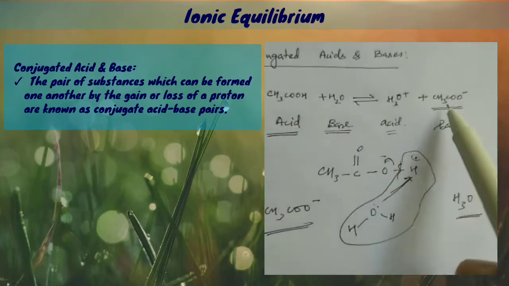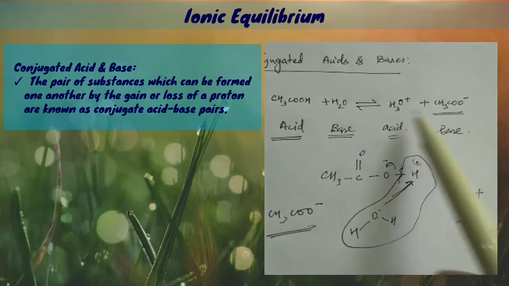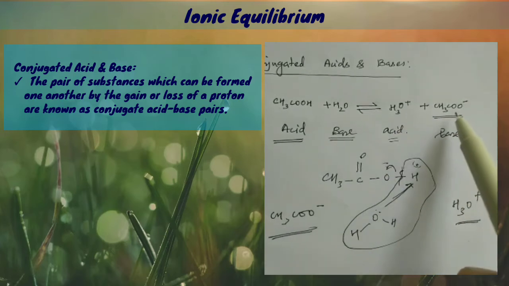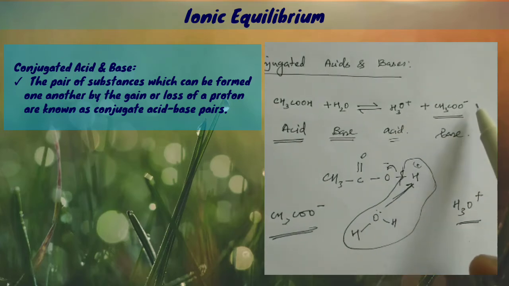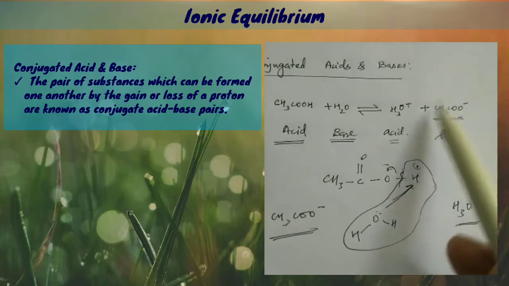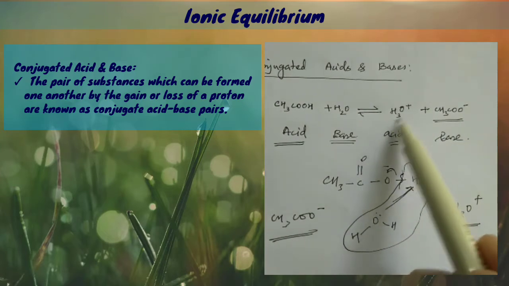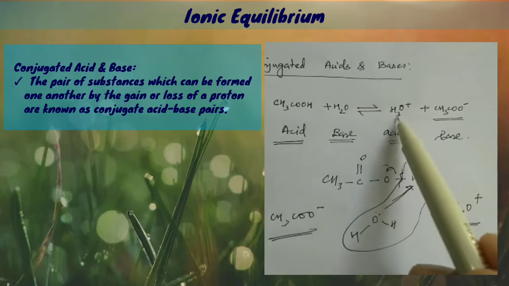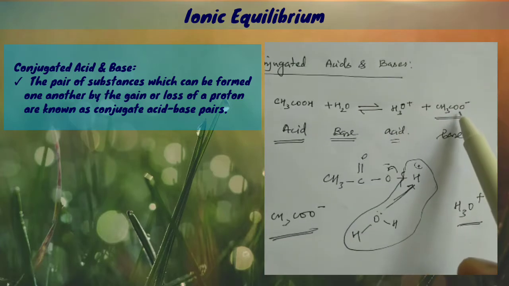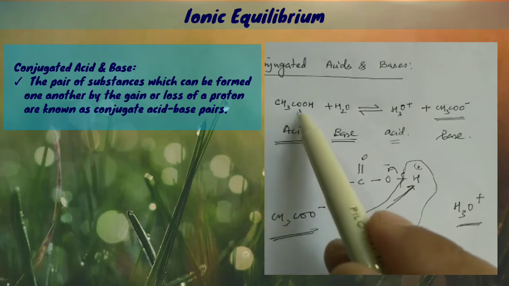Why is it? Because if you notice the right hand side also, you can understand that this CH3COO negative acts as a base, because this part has a tendency to accept a proton from the other substance, from this hydronium ion, to get CH3COOH.